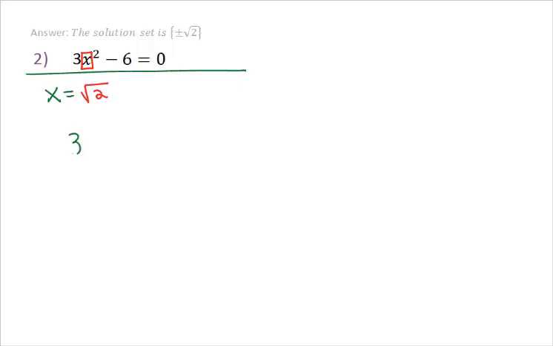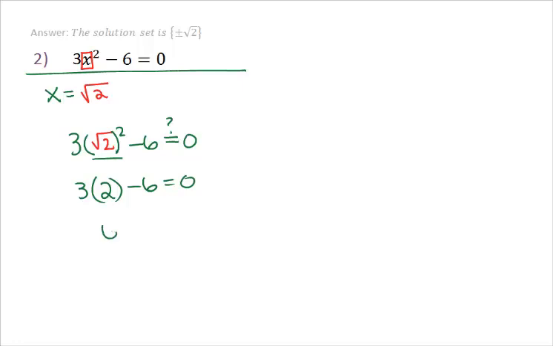So we have 3 times root 2 squared minus 6, and we want to confirm that that is equal to 0. Following our PEMDAS, we have to take root 2 and square it, which gives us just a 2 because the square and the square root cancels out. So when I multiply that by 3 and subtract 6, we do end up with the correct solution of 0 is equal to 0.